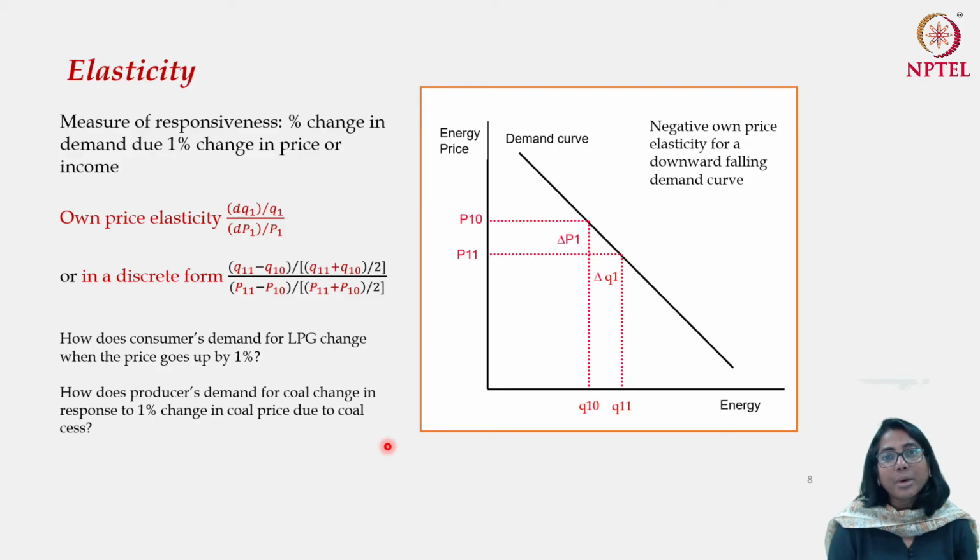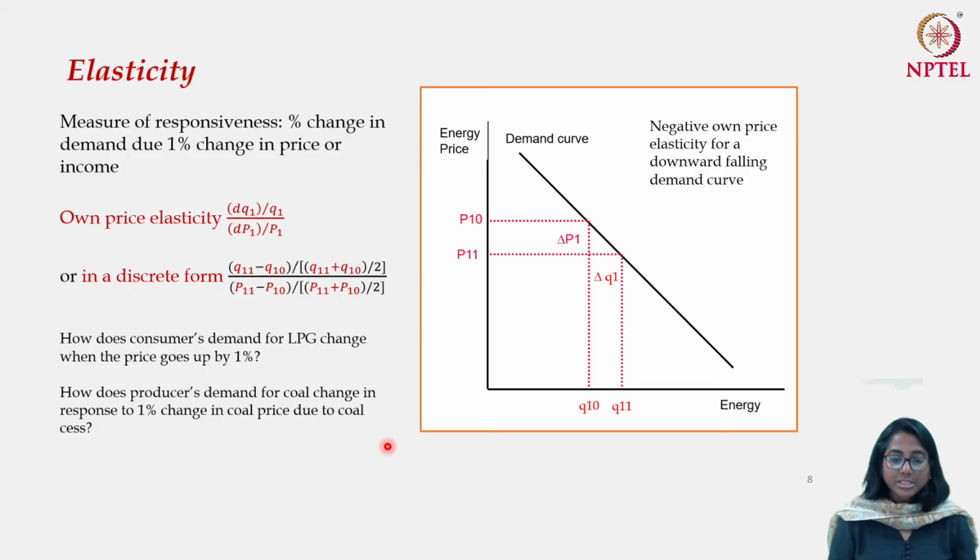So is the demand really responsive to price? Is the elasticity high or not so high? If the elasticity of demand is not so high, then only by giving subsidy it will not be possible to increase the uptake of LPG. If the elasticity of demand is high, then by giving subsidy and therefore reducing the price, the government can actually penetrate a lot of LPG uptake in the whole system.